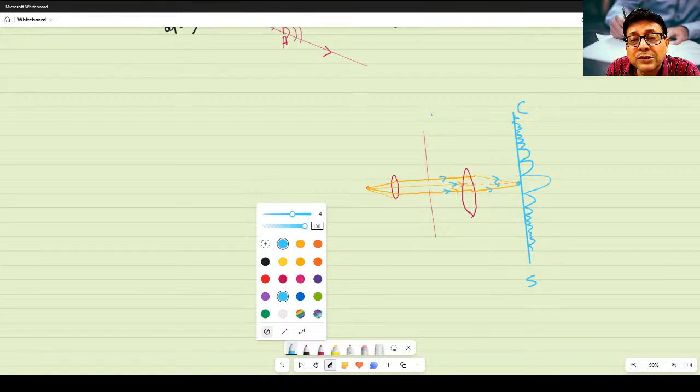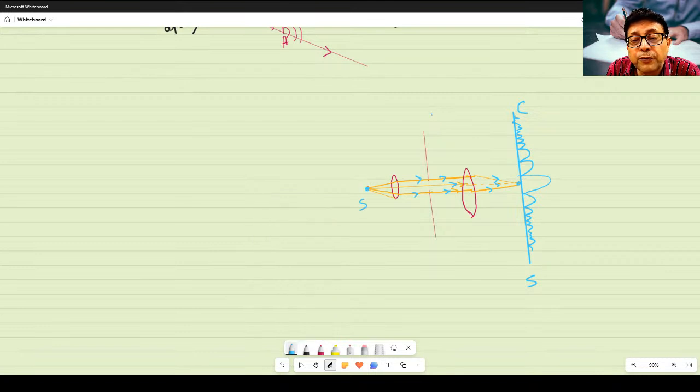We have allowed light to pass through a narrow slit. The source of light was there at the focus. After passing through this, the light will follow a straight line path through the slit. This light is supposed to meet at a point. If a ray goes through the optical center, it will follow a straight line path.